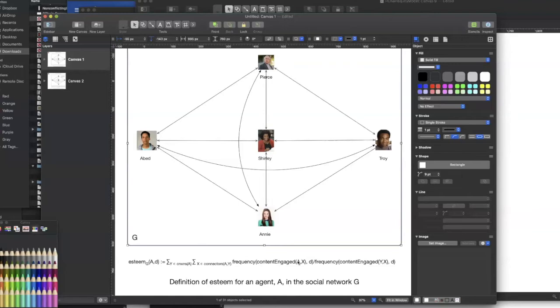Yes. If you also add a context, then you're basically getting into liquid democracy territory. Well, I don't know what a context is. Well, for example, let's say for financial advice, Annie or Abed comes up as a higher esteem metric.